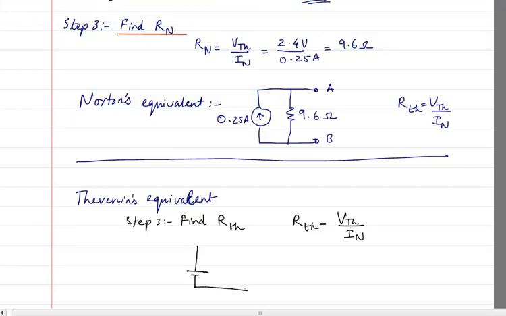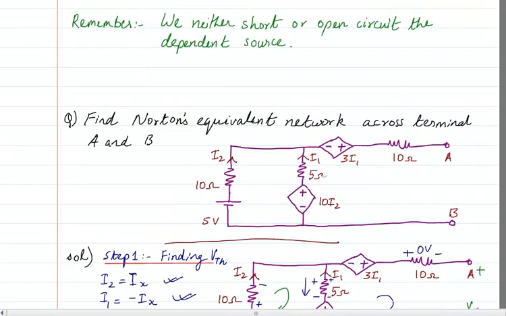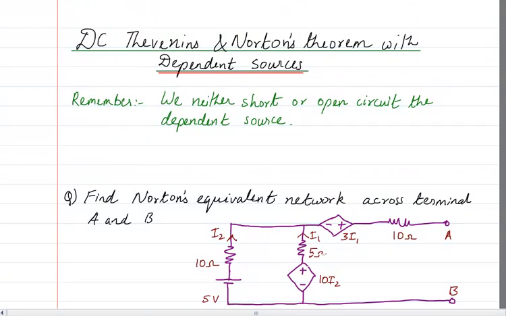Vth, if you remember, we had found to be 2.4 volts, and the resistance would be again Rth, the same 9.6 ohms. That is the only difference, no other difference. That's why I combine both of them together in a single topic.